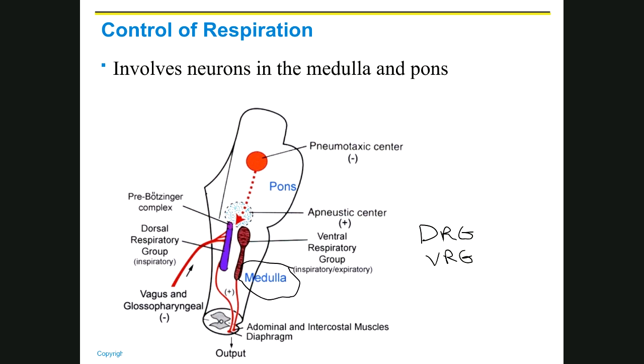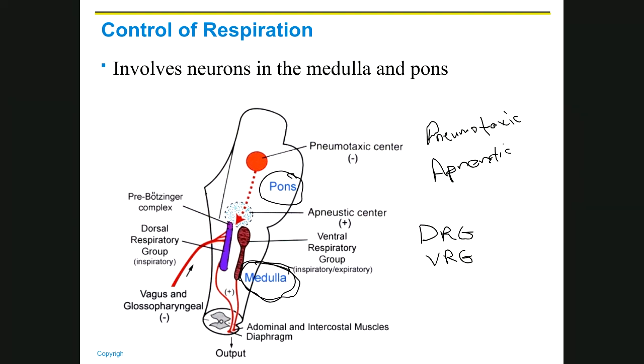And then there are also 2 in the pons. And these are called the pneumotaxic center and the apneustic center. So 4 centers. So here's what they do.